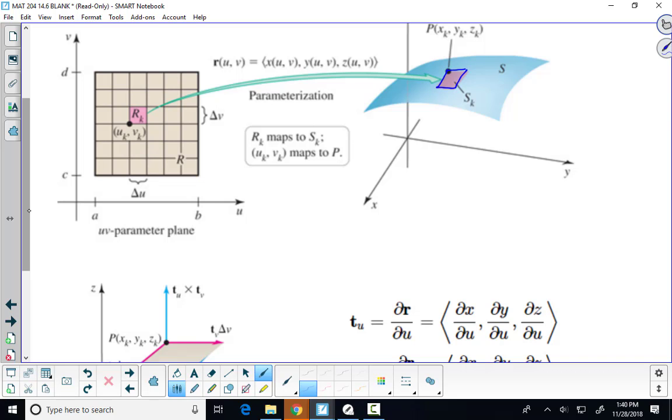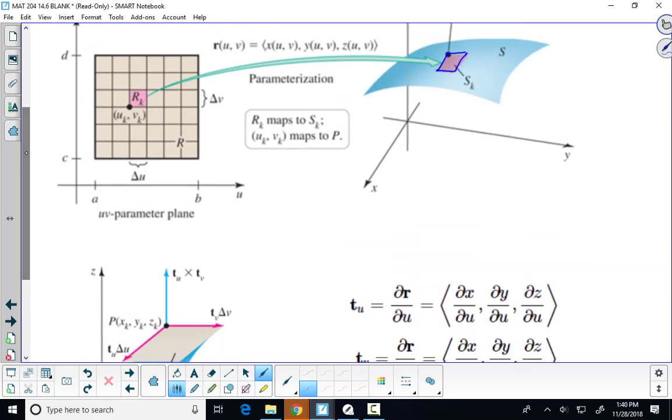But then we need a way to approximate the area of that curved patch. Just like in other Riemann sum things, we approximated the height, rectangular areas, and volumes, the same idea is going to be true.